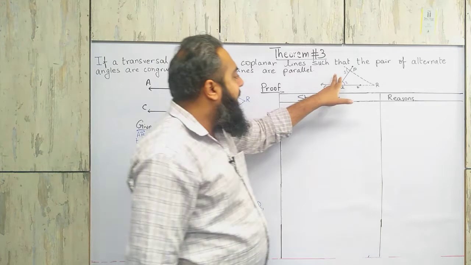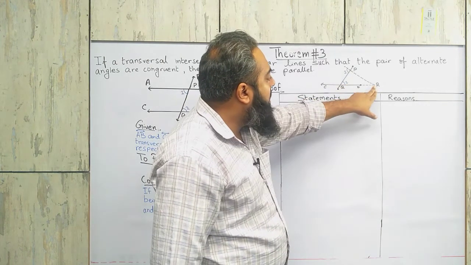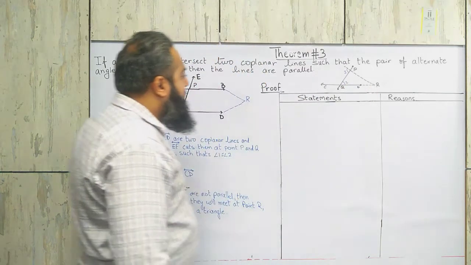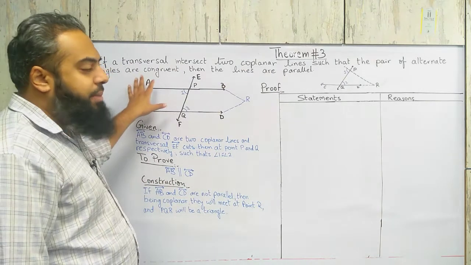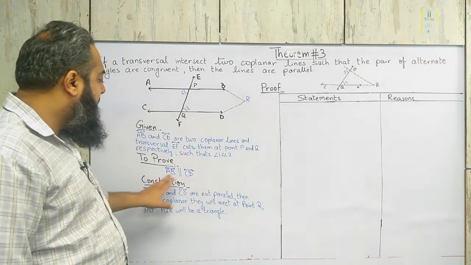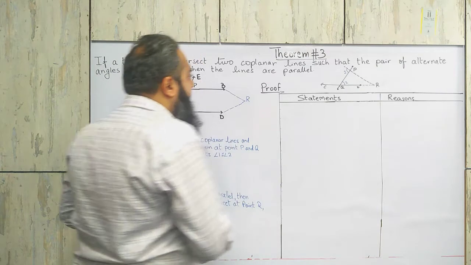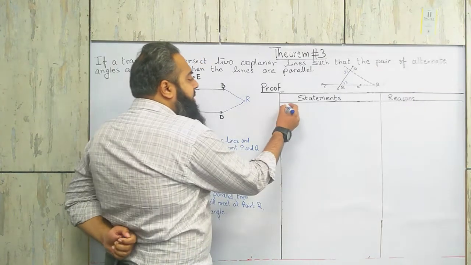Our figure could be like this, that PQR will be a triangle. Now let's see which of the figures can be true to help us prove AB is parallel to CD. As we have said that PQR will be a triangle, let's consider that.